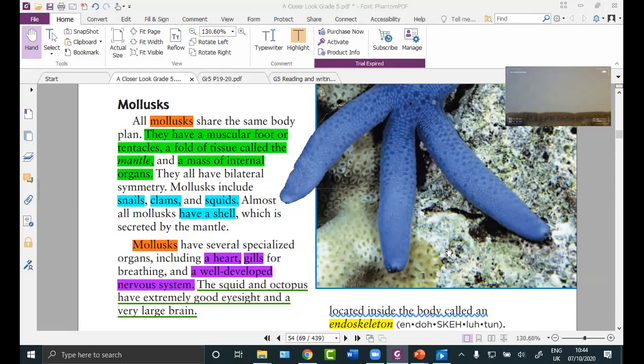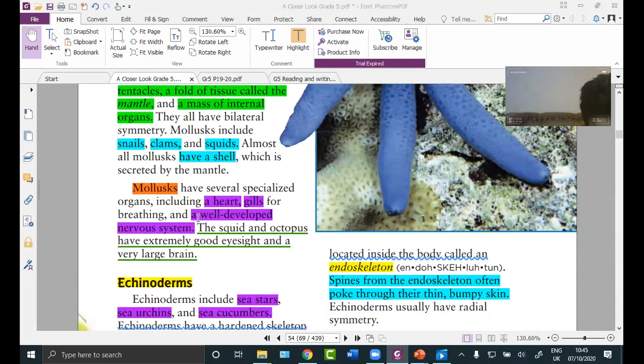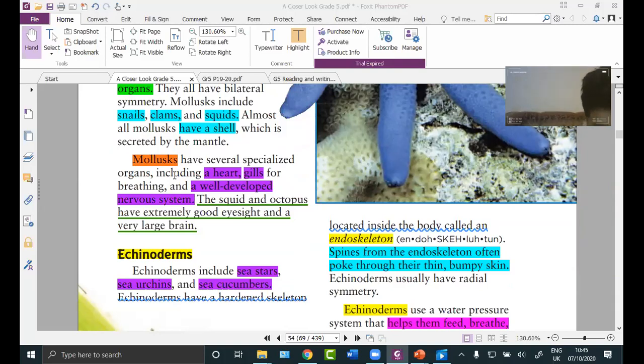Mister, can I read? Omar Khalid, please. Mollusks have several specialized organs, including.